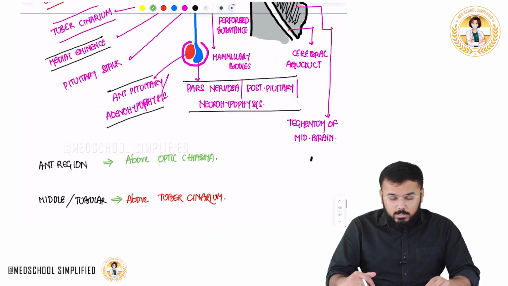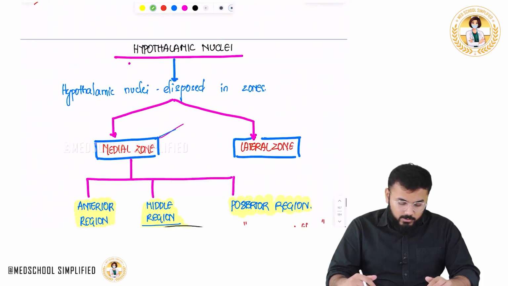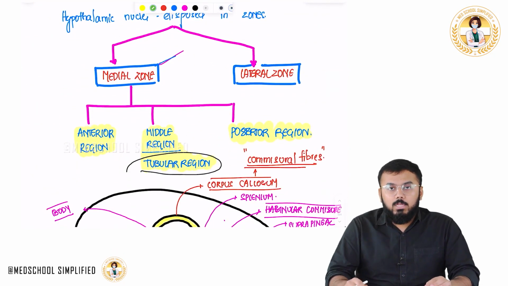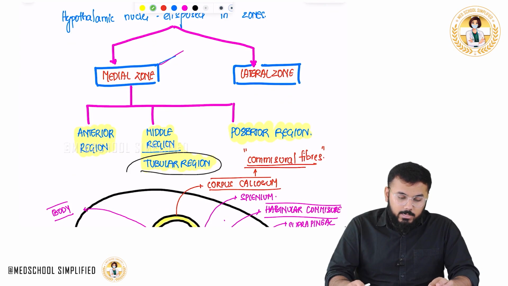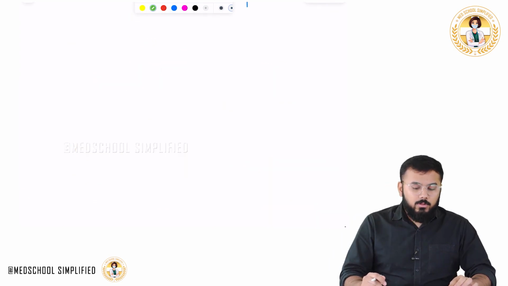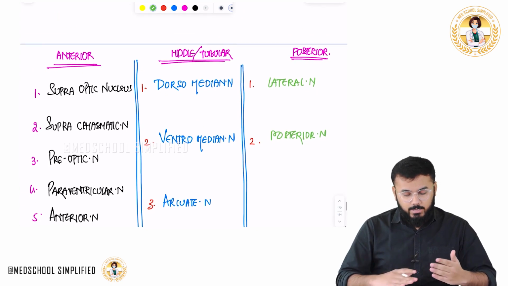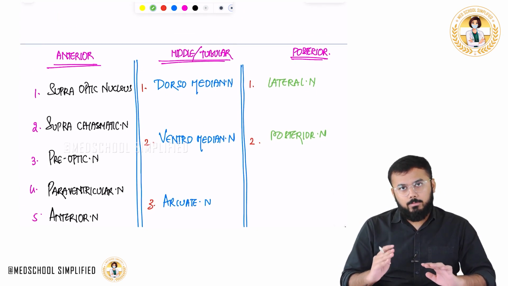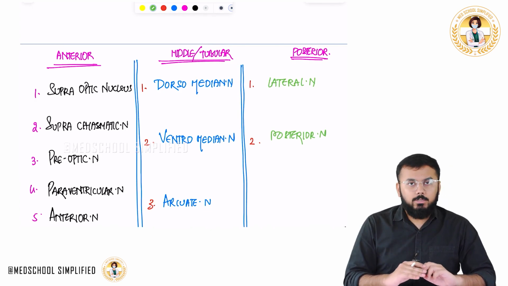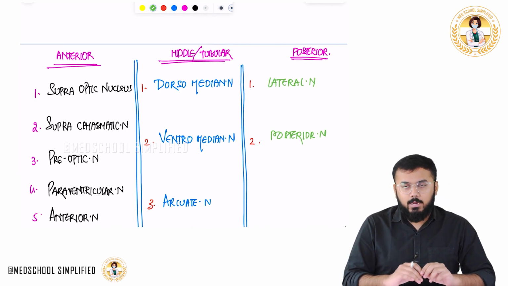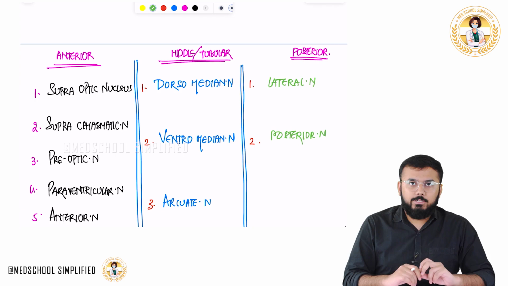These are some of the important things which you need to know about the nuclei that are located in the medial zone. Right guys, so we have discussed all these on the medial zone, dividing the nuclei into anterior, middle and posterior regions.